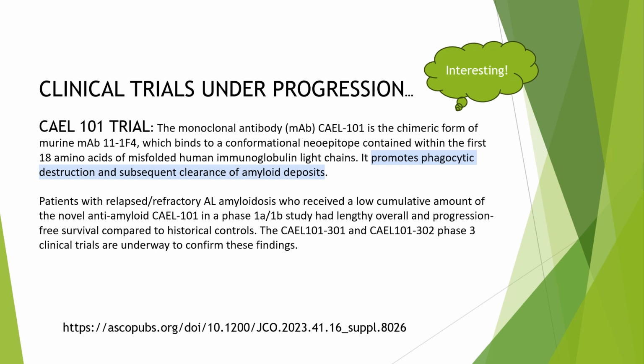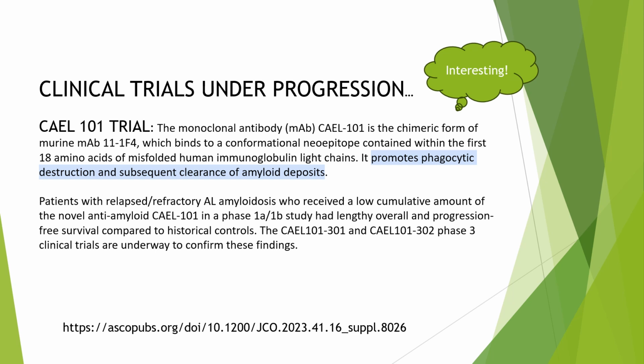The KL101 trial is of a monoclonal antibody which promotes the phagocytic destruction and subsequent clearance of the amyloid deposits. In patients who have relapsed or refractory AL amyloidosis, it has shown good effects: the mortality rate decreased in those patients, and the progression-free time period was longer.